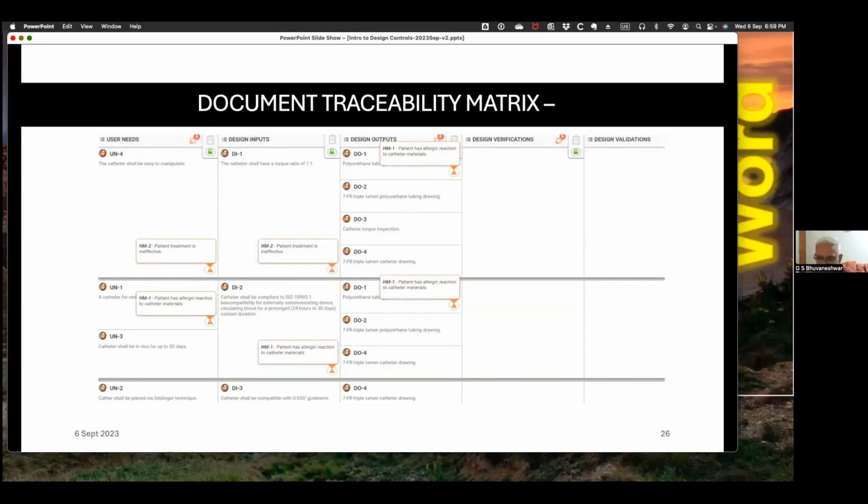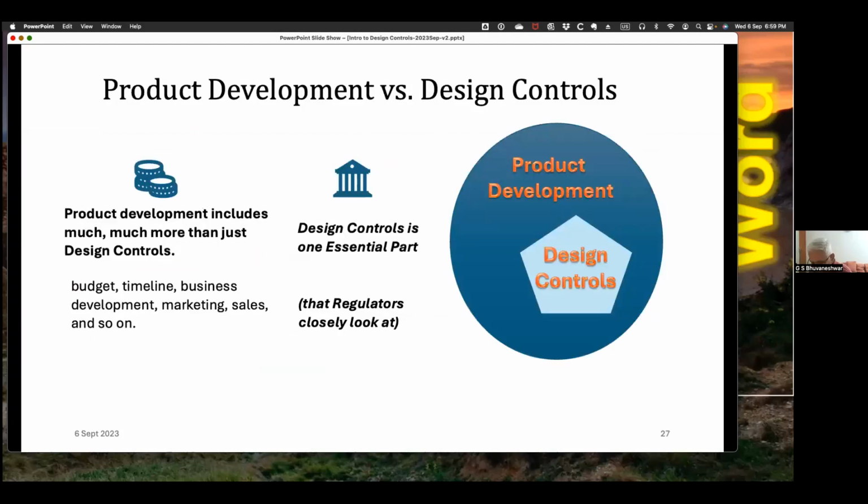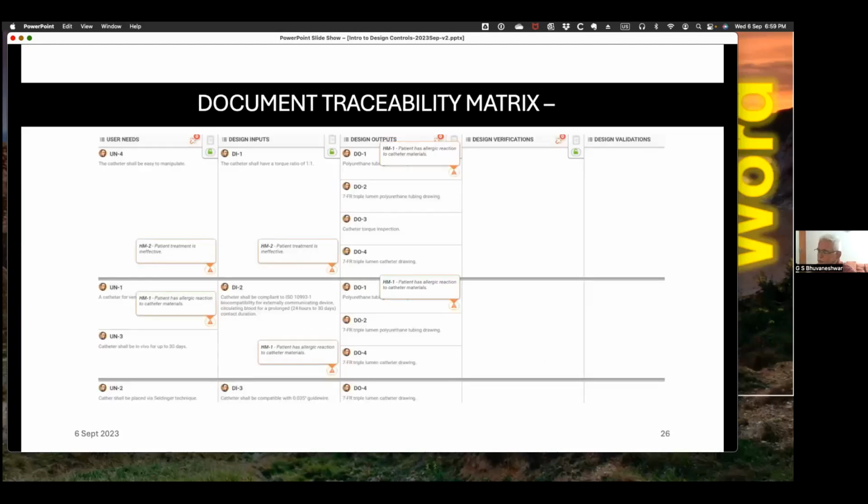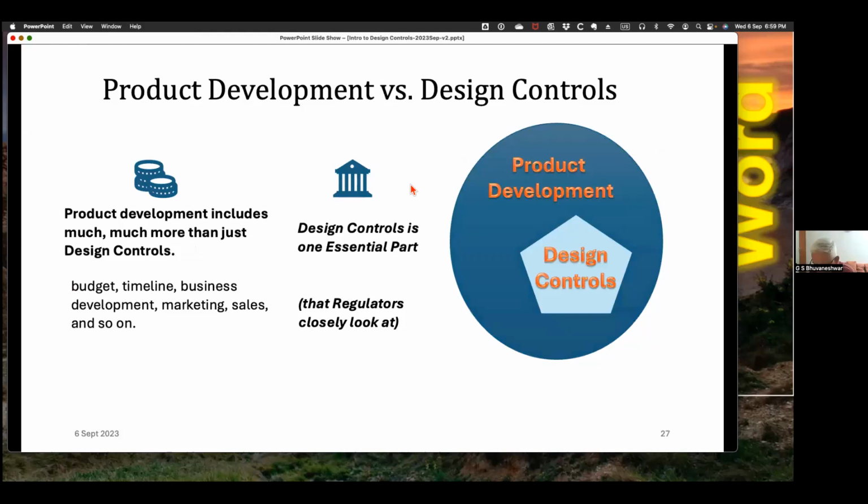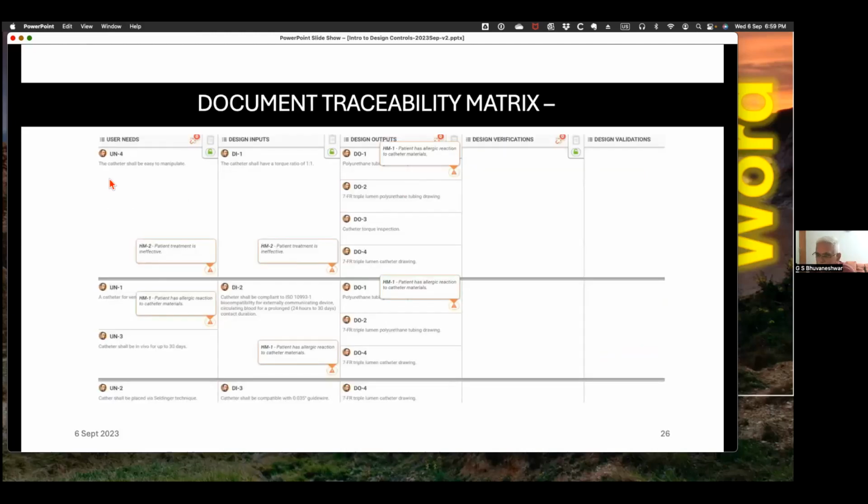So your user needs must be validated with output from your clinical studies. This table or matrix basically tells you what are the outputs, what are the reports, or what are the clinical studies which really show that you met your needs. So the last and the first column need to be linked, and this gives documentation.